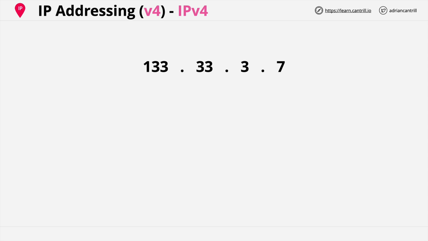Now this format is known as dotted decimal notation. It's 4 decimal numbers from 0 to 255 separated by dots. So 133.33.3.7. Now all IP addresses are actually formed of 2 different parts.